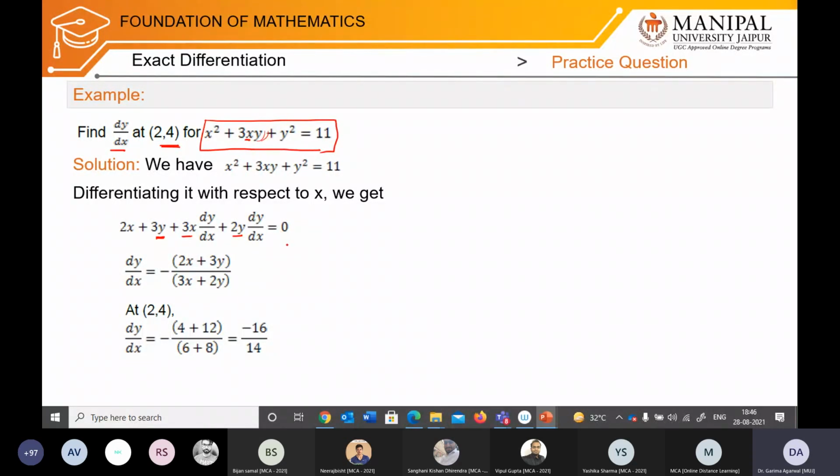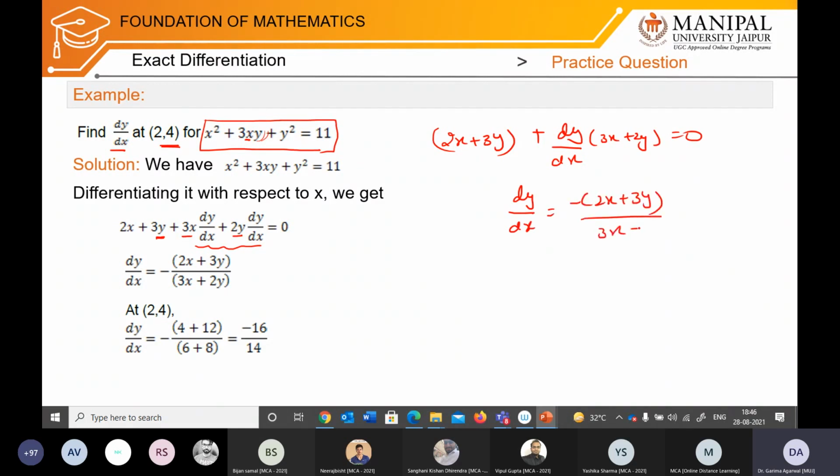Then we collect the terms of dy by dx. We can write it as (2x plus 3y) plus dy by dx times (3x plus 2y) equals 0. Then dy by dx will be minus (2x plus 3y) upon (3x plus 2y).